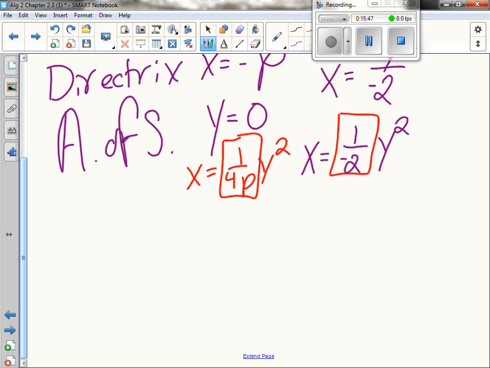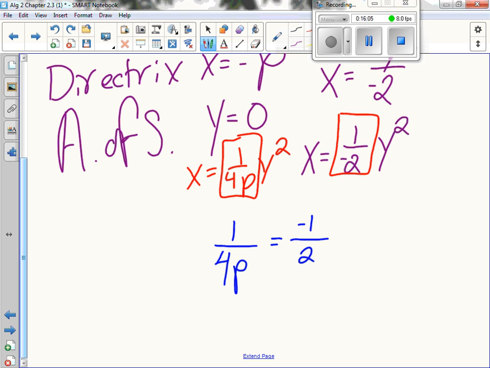And so, to solve for 4p or solve for p, we set up 1 over 4p is equal to negative 1/2, or 1 over negative 2. They're the same thing. Now, before we move on, are there any questions on how we've done any of this? Okay.